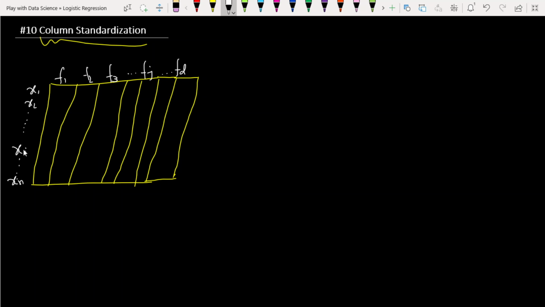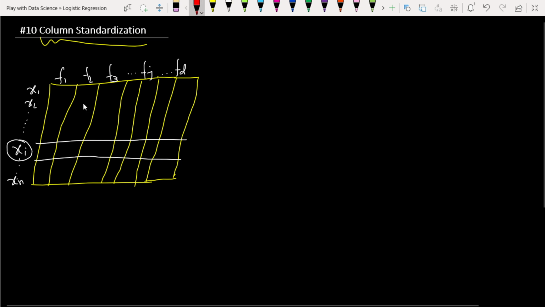Here we have the data point xi, and for xi we have feature j. The value in this data is xij, the actual data point: the ith data point, jth component.